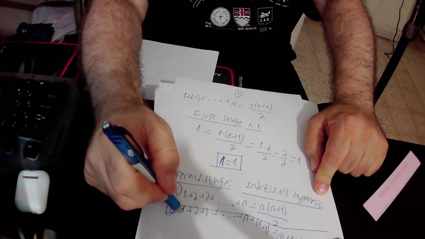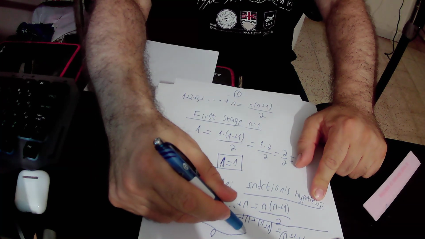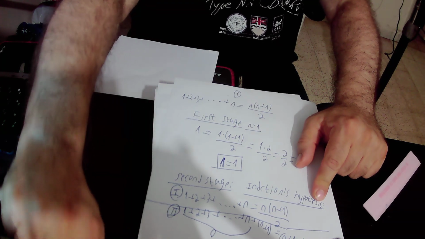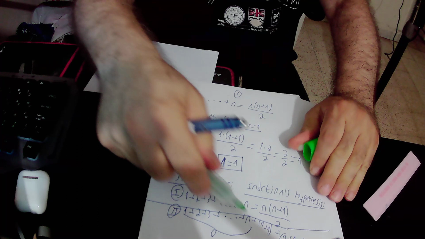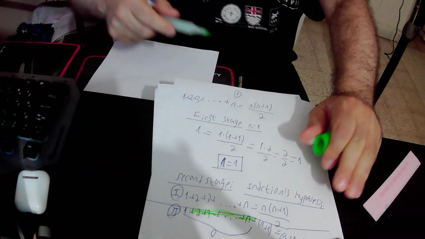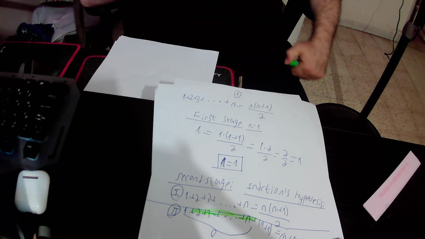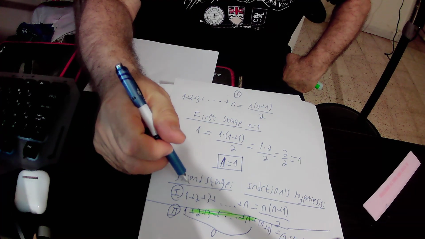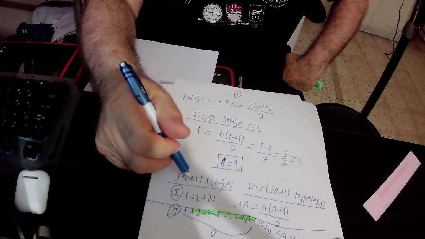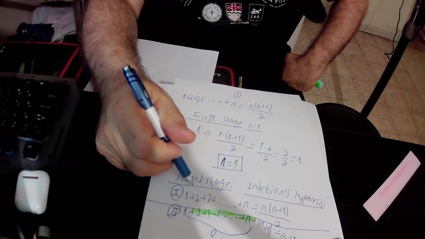So if we look in the second equation at this expression in the green color, we can say that this is equal to the left side of equation 1.